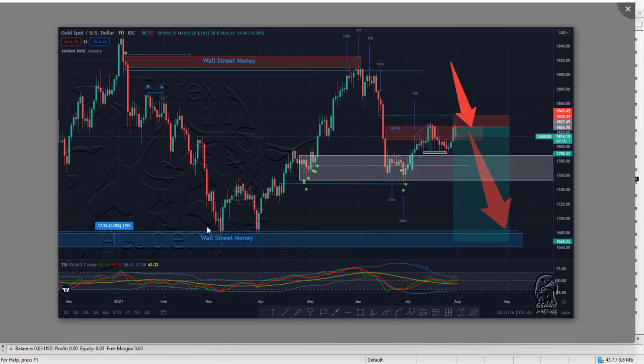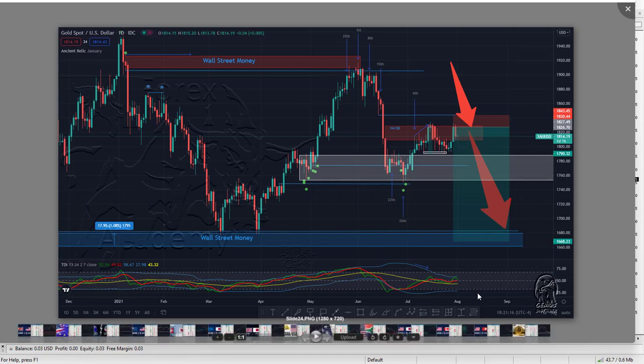I'm expecting the market to take out these two equal lows, guys. Till I see the market taking out these two equal lows, I'll be starting to look for longs. But at this moment, I'm still looking for bearish moves.